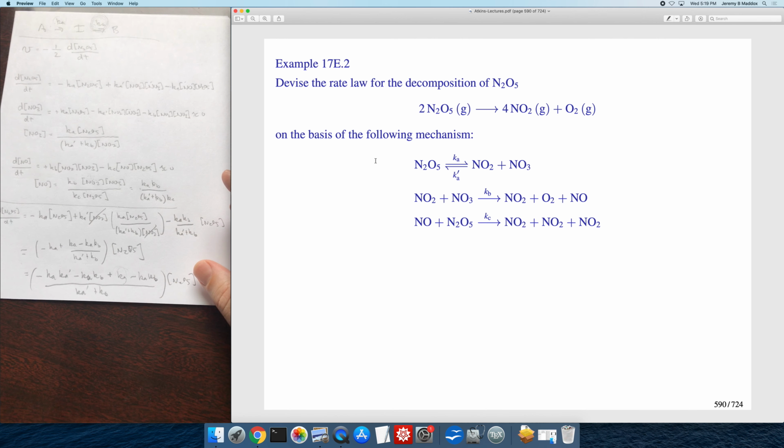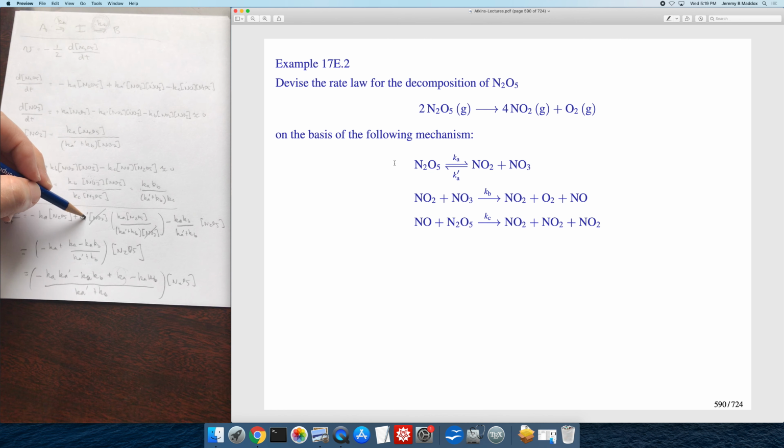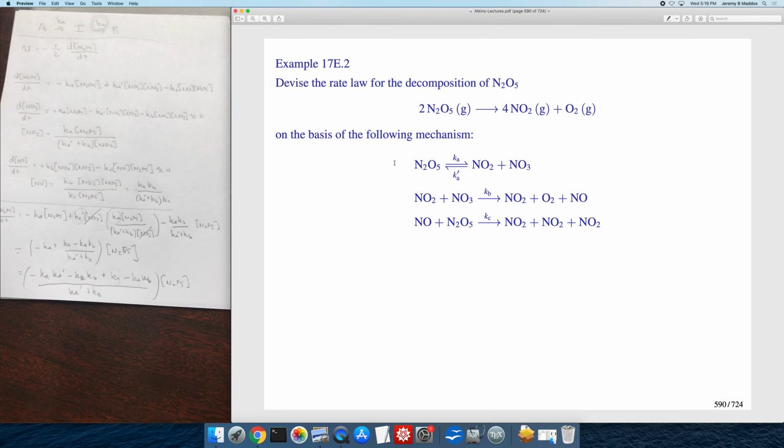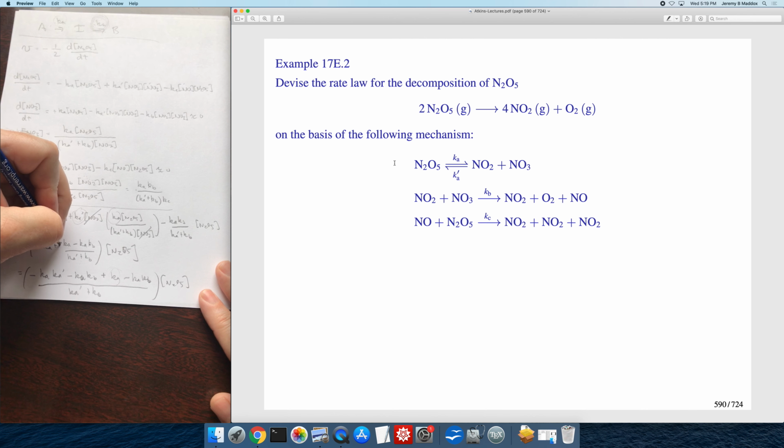Doesn't look like it. Here it is. Right there. That should be Ka prime.